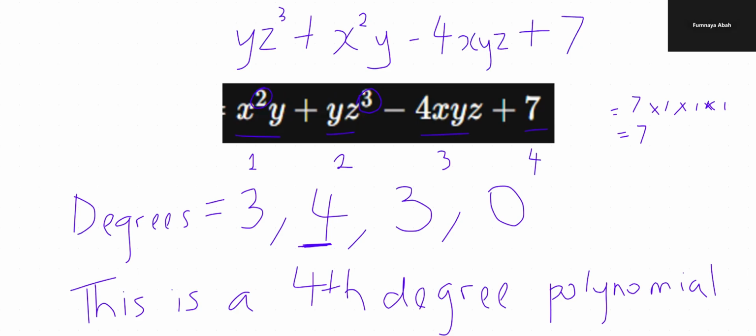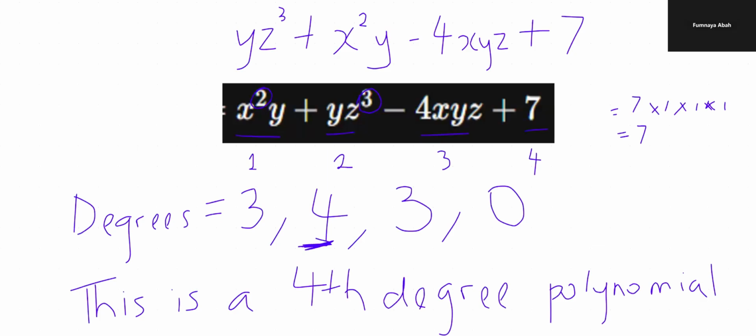But if we go over each term individually and consider all the terms, we can deduce which has the highest exponents, the highest sum of exponents, the highest degree. And in this case, it was 4. And that was for y times z raised to the power of 3. So that's how we can tell which has the highest degree, and we can rearrange it as well. So we know that this is a fourth degree polynomial.